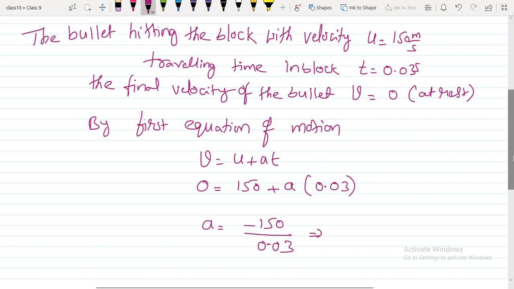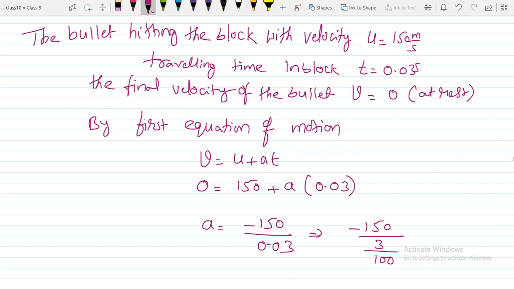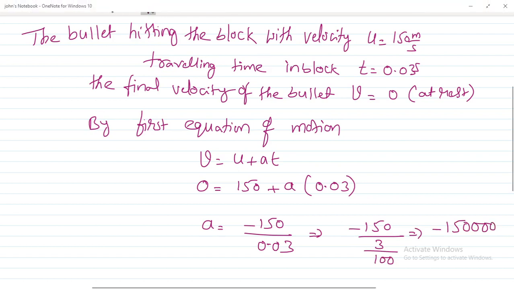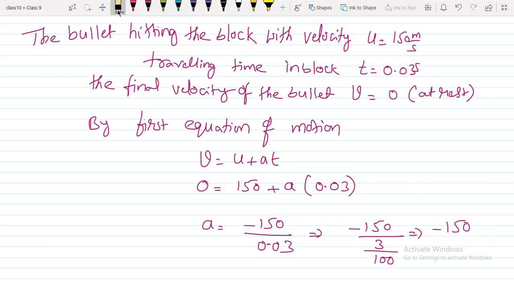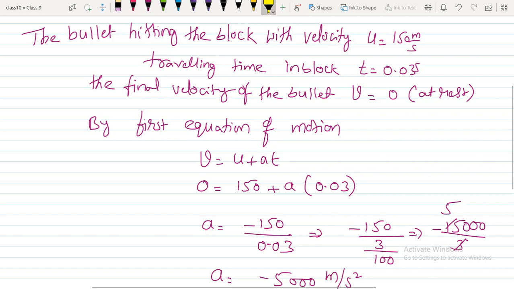You can write that as 3 upon 100, which equals minus 15,000 upon 3. So 3 fives are 15, it gives 5. Therefore acceleration a equals minus 5,000 meter per second square. This is the acceleration of the bullet.